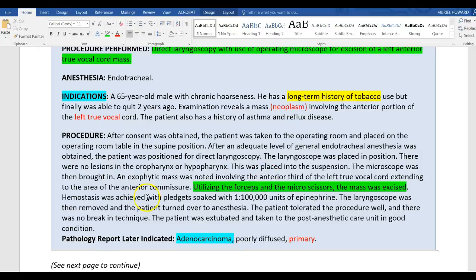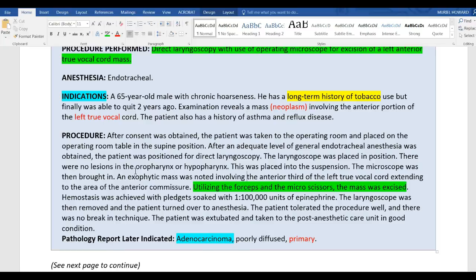Any other things in here that we may need to pick up, such as if there were complications, or a modifier, for example, 2 surgeons and things like that, then we'll probably have to pull that out of here. I'm just going to get into some of the stuff that I'm reading, so that you guys can understand that reading these reports is very fun because you get to learn a lot.